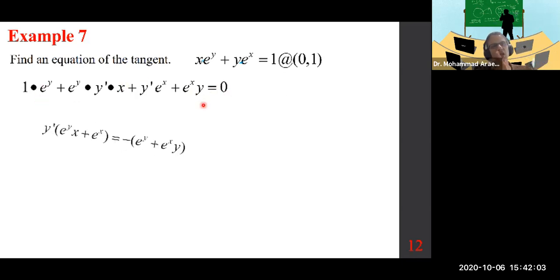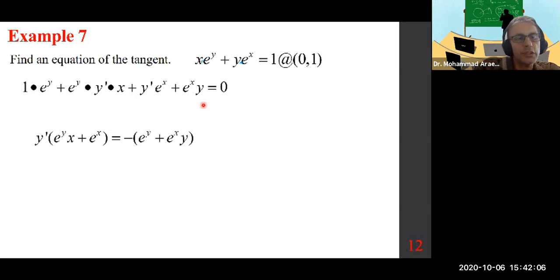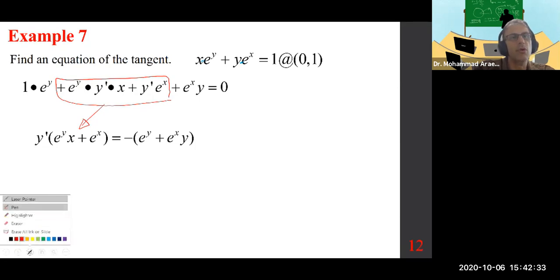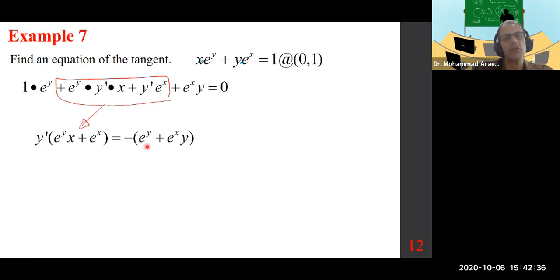So I hope you see what happens here. These two pieces, okay. When we factor out the y prime, we have this. And the other two pieces, simply put, they move to the right and both take a negative sign. They both take a negative sign. Now, divide both sides by the parentheses, and this is what you have.